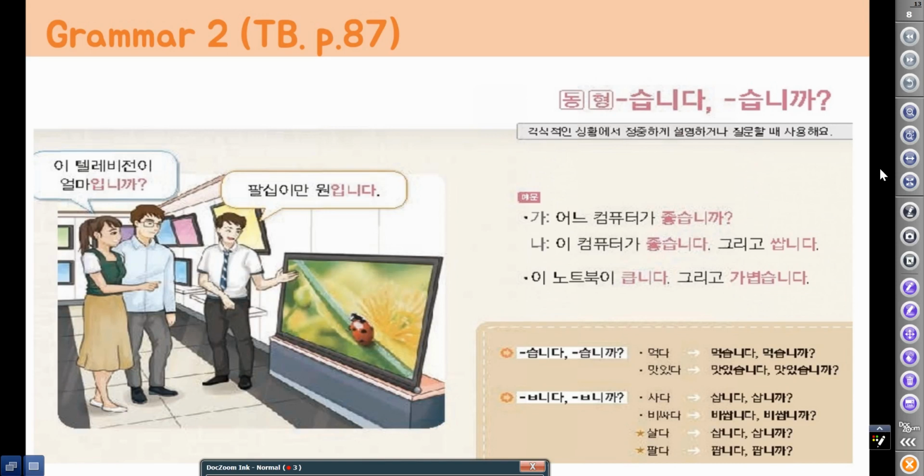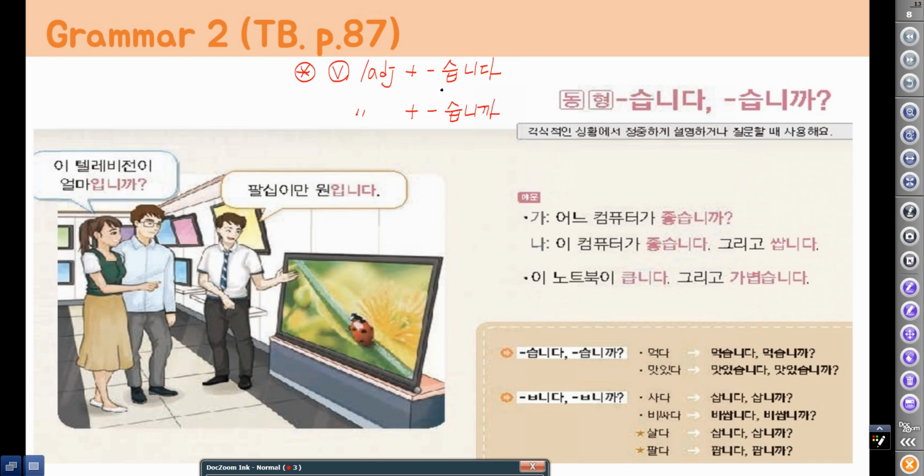Okay. So here is the second grammar point. ㅂ니다, ㅂ니까? So verb, adjective, 습니다. Or verb and adjective, 습니까?